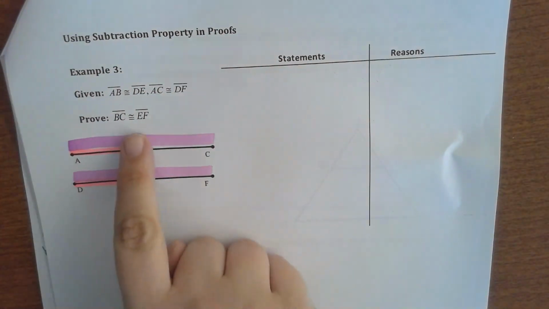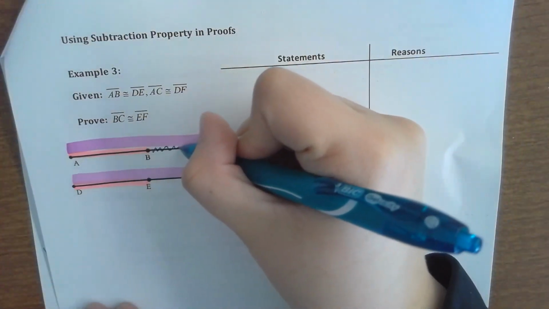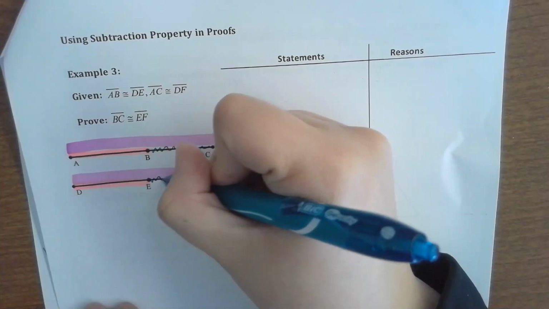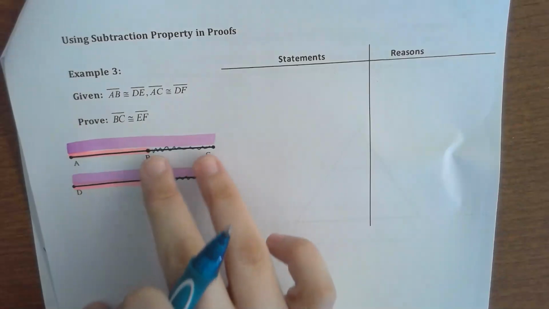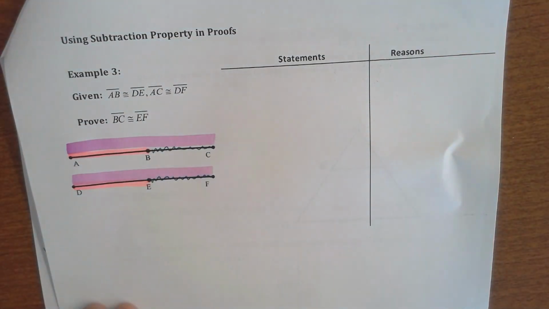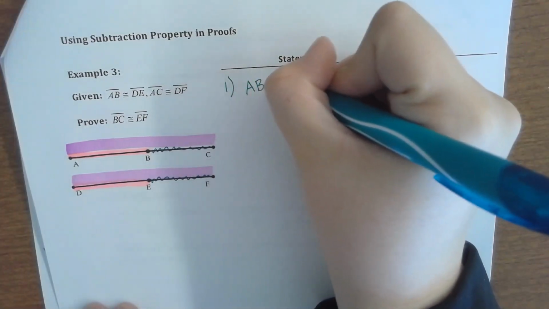They want us to prove that just a little piece equals just a little piece. If we're just trying to prove a piece of it, we have to get smaller, or subtract. So I'll have my givens.